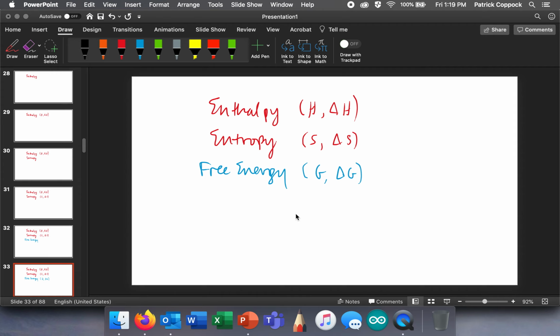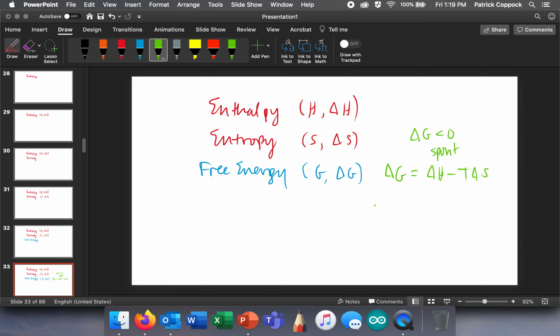The change in free energy of a system is delta G, and delta G is equal to the change in enthalpy of a system minus T delta S. If delta G is less than 0, then we say a reaction is spontaneous.